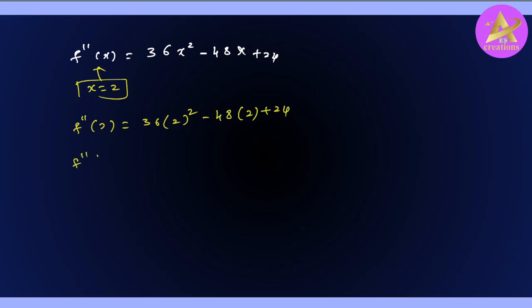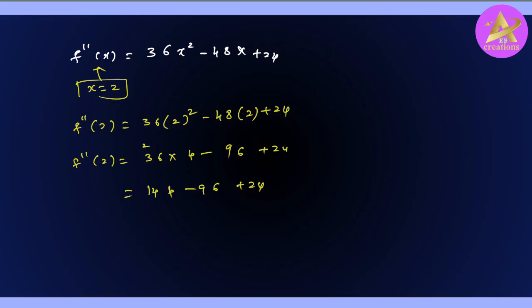F double dash of 2 equals 36 into 4, minus 48 times 2 which is 96, plus 24. 36 times 4 is 144, so 144 minus 96 plus 24.